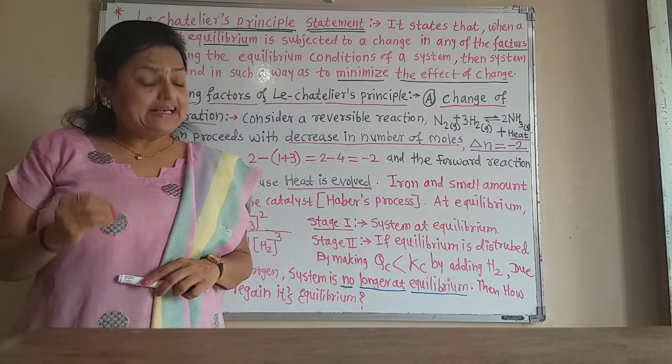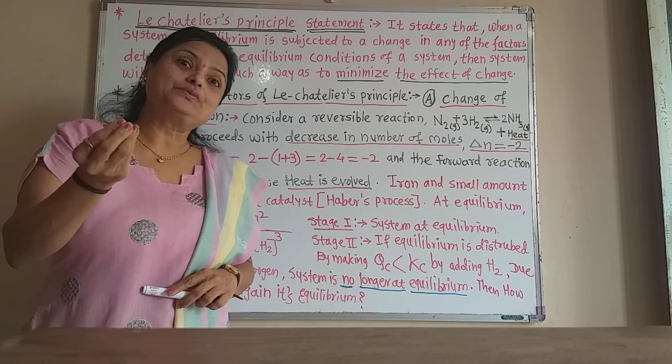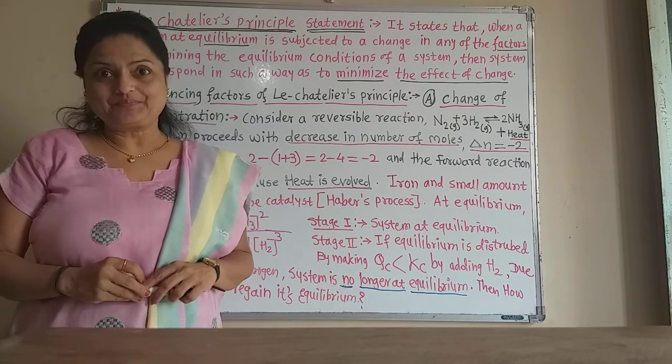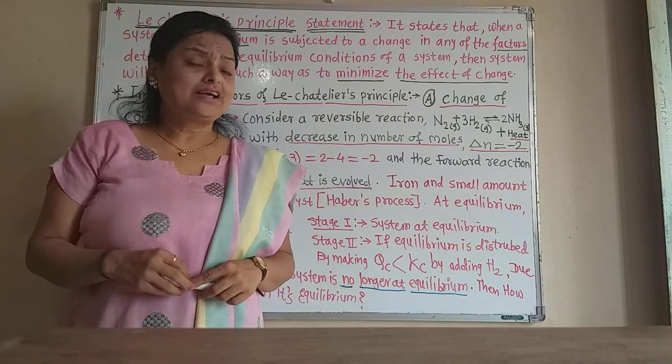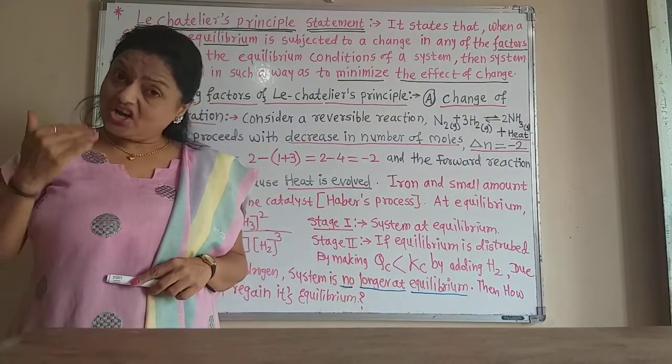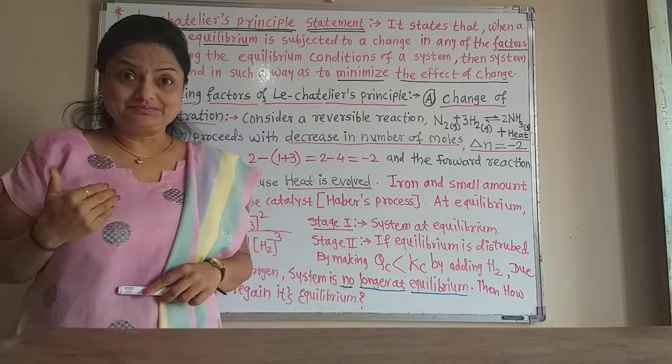And if at that time we again increase the concentration of any one of the reactants, then what happens? The equilibrium gets disturbed. That means the reaction again goes in the forward direction.